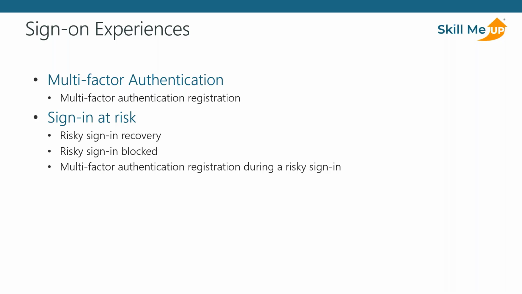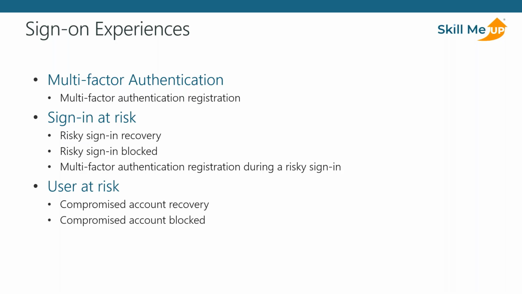So risky sign-in, obviously it has sign-in recovery, sign-in blocked, or a forced multi-factor registration during that risky sign-in process. Now, the user at risk mechanism is really looking for compromised accounts, recovery, and account blocking. So the response of the system to these kind of issues will have an impact on the sign-in experience that the end user will actually have.